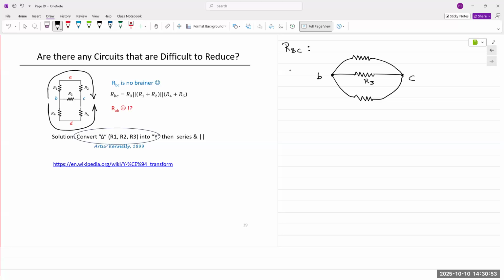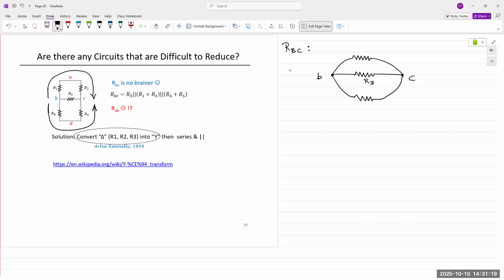Now, the pathway in the top only has 2 resistors. The pathway in the bottom only has 2 resistors. So that makes our job easier. But the concept still applies. And you will see that in the next when I try to find resistance between A and B, or RAB.